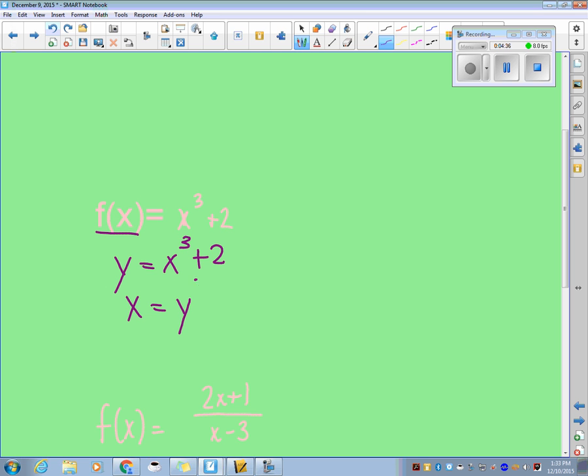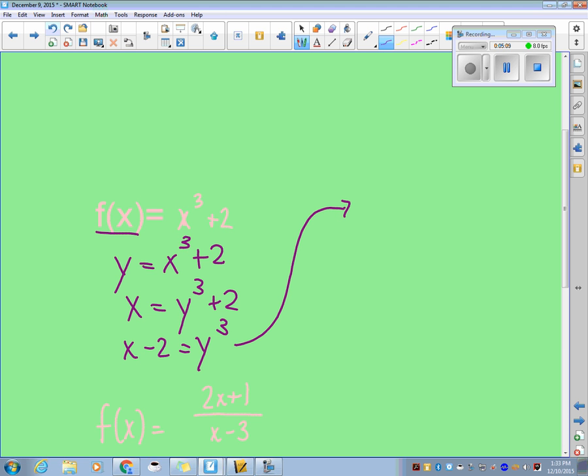So you see it's exactly the same, except in place of y, I wrote x, and in place of x, I wrote y. So the last step, if you remember from our activity after the test, was to solve for y. So in this case, I'm going to move the 2 to the other side, so it'll be x minus 2 equals y cubed. Well, just like the opposite of squaring is square rooting, the opposite of cubing is cube rooting.